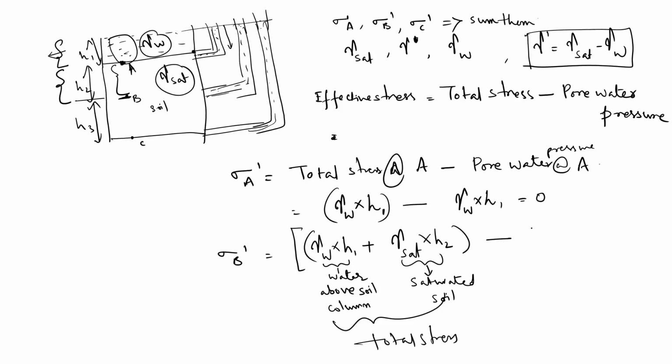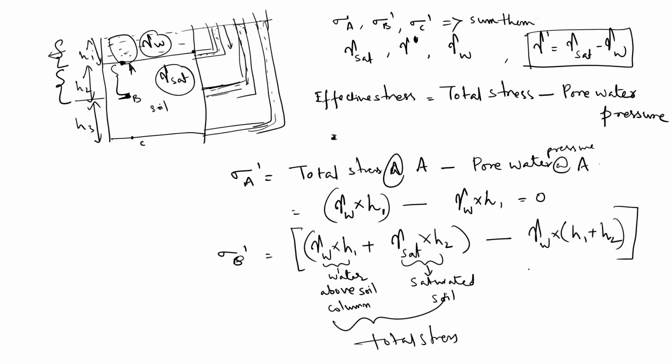You have to deduct pore water pressure from the total stress, then only you will get the effective stress. How to calculate? At this point, what is the pressure from the water? To know the pressure from the water, there is a pressure tube. So the water height in the pressure tube is equal to H1 plus H2. So you can deduct that much water pressure, H1 plus H2.